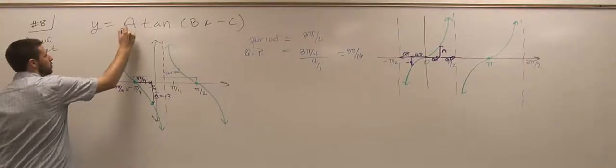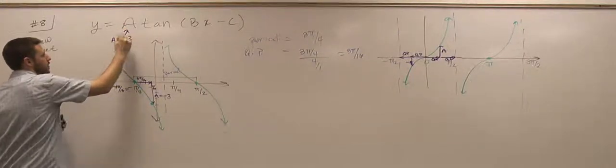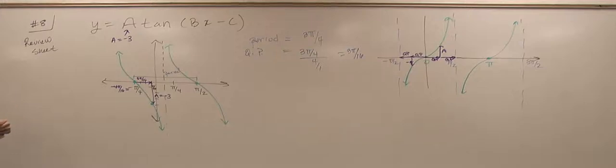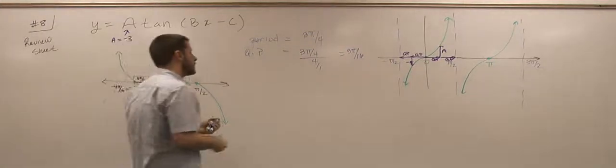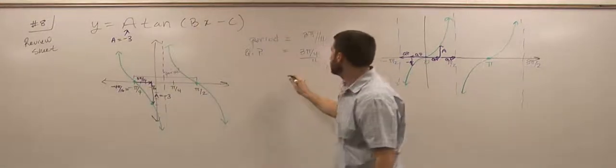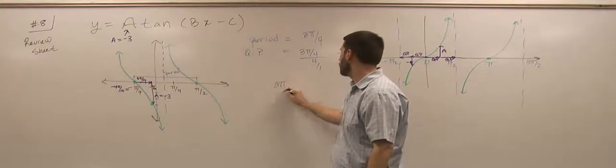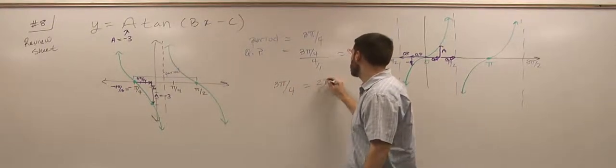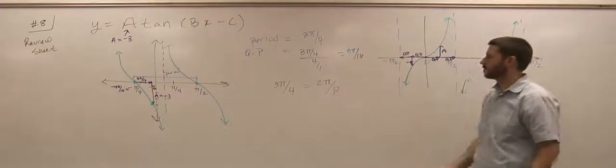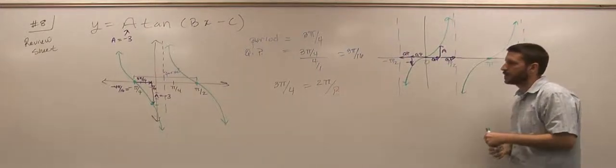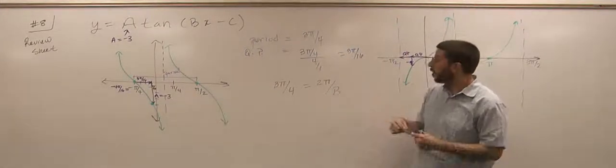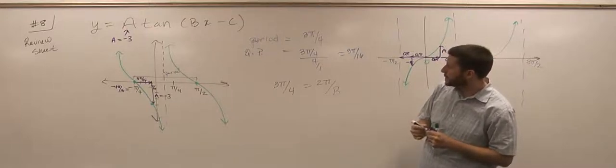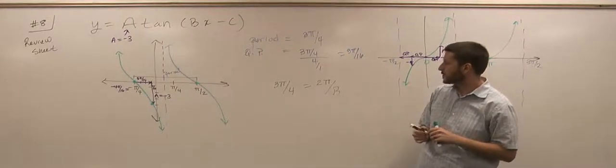Can I get B? B will come from the period, so I can solve for B by setting up 3 pi over 4 equals 2 pi over B. Oh, that's right. I almost made a fatal mistake. 2 pi over B only works for sine and cosine.